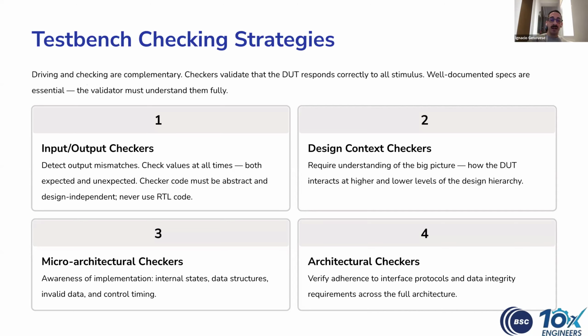And architectural checkers are implementation independent and are related to protocol compliance checking. For example, when we are trying to check a communication protocol or an interface handshaking or data integrity requirements. For all of these checkers, specifications are essential. So the checkers are only as good as our understanding of what correct actually means.